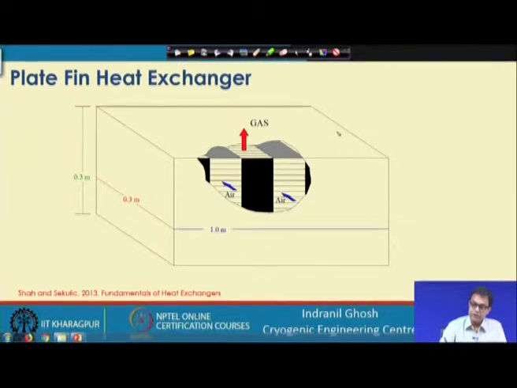Now, the hydraulic diameter definition we have written like this: the hydraulic diameter dH equals 4 times the free flow area divided by the weighted perimeter.